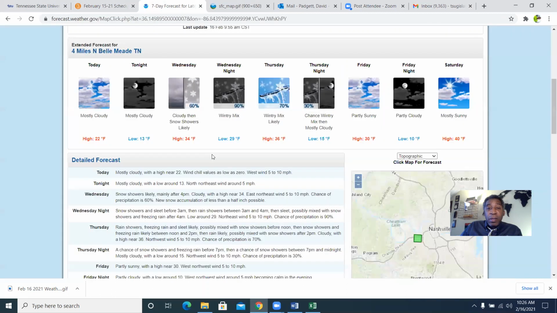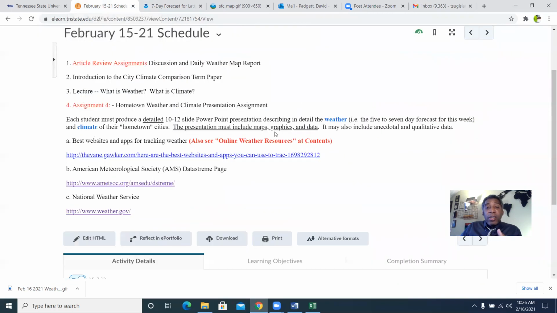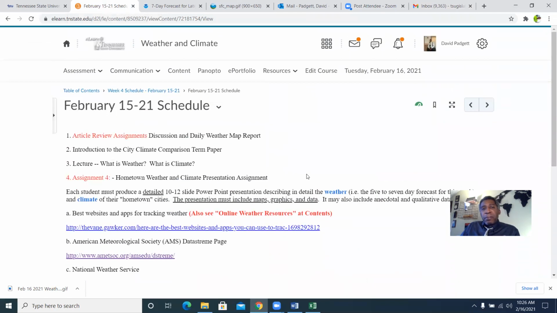You can take a screenshot of the 5-day forecast and just describe essentially what is happening in your hometown this week in terms of weather. Well, what about climate? Well, that's going to take a somewhat different approach.